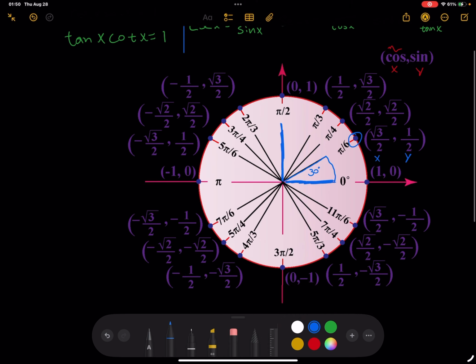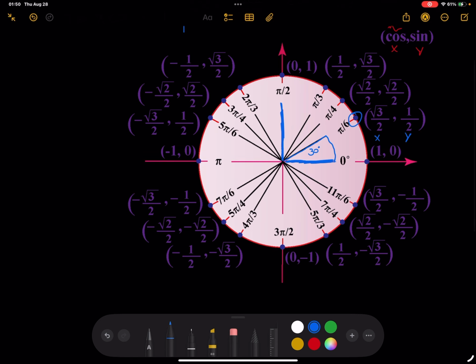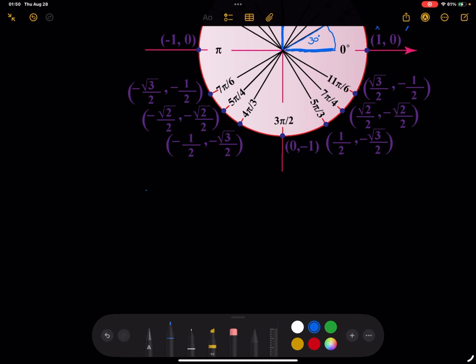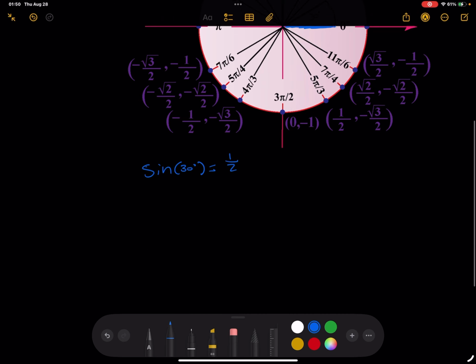So if we look at sine of 30 degrees, I'm going to come down here. Sine of 30 degrees equals 1/2. And by definition, this is where the reciprocal comes in.